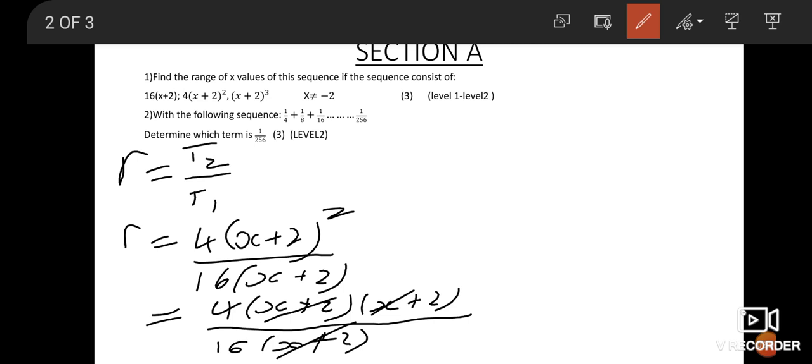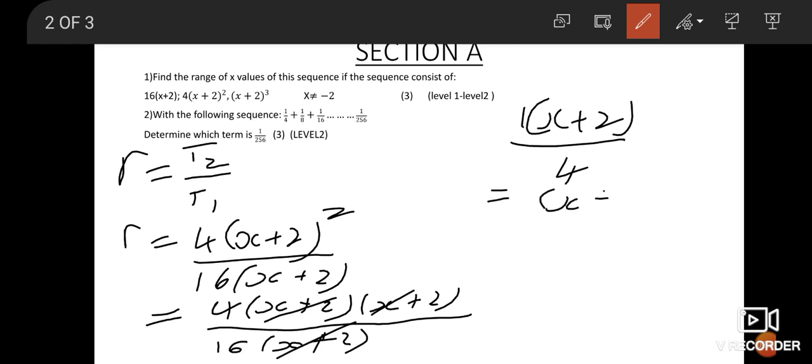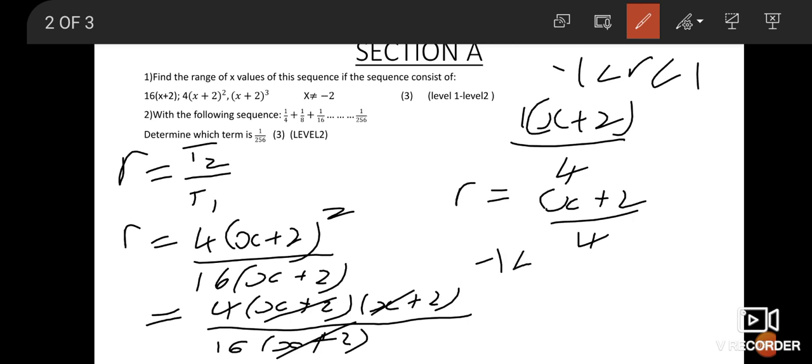So it simply is x plus 2 over 4. Now that we know that this is r, we simply sub this x plus 2 over 4 into the -1 and the 1, since this is the common ratio. So it's going to be -1 less than x plus 2 over 4 less than 1.